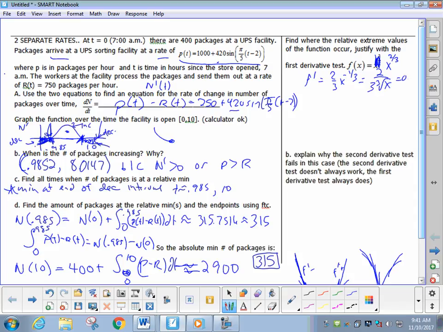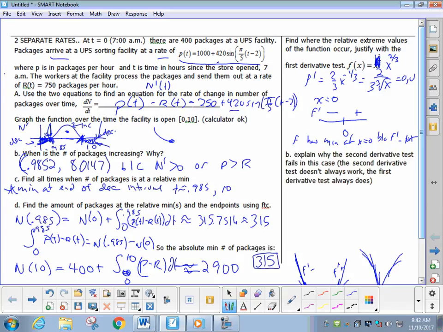The critical numbers are where this is 0 or does not exist, and that is at x equals 0. Now the first derivative test works because at a negative x, this would be negative, and after 0 positive, so I could conclude that f has a min at x equals 0 because the first derivative goes negative to positive.